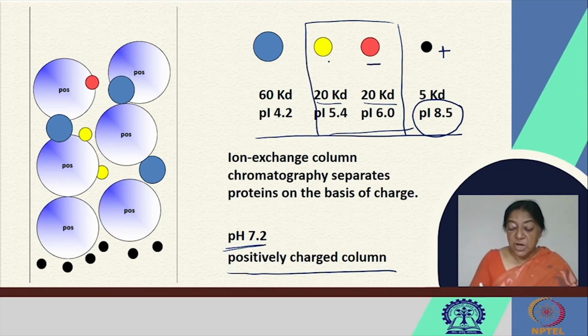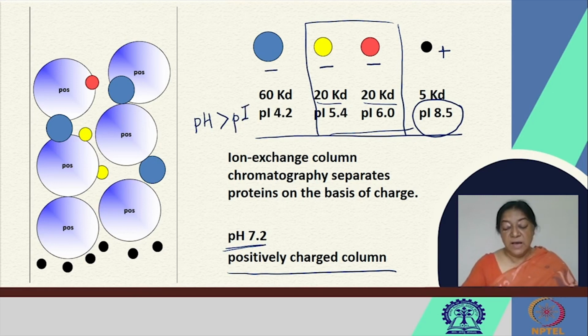This is negatively charged, this is negatively charged, and this is negatively charged because the pH is greater than the pI. Then we have isolation based on their attraction to the column. Anything that has a larger negative charge is going to be attracted to the column more strongly than the others, and based on that, we can bring about a separation based on the charge of the protein.